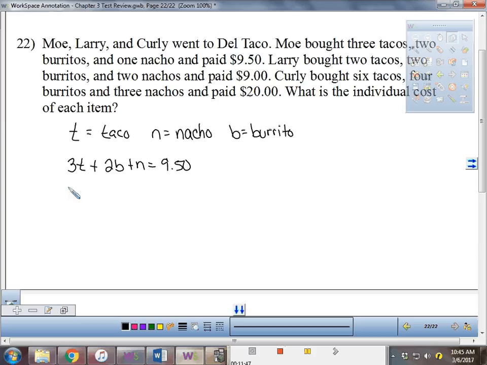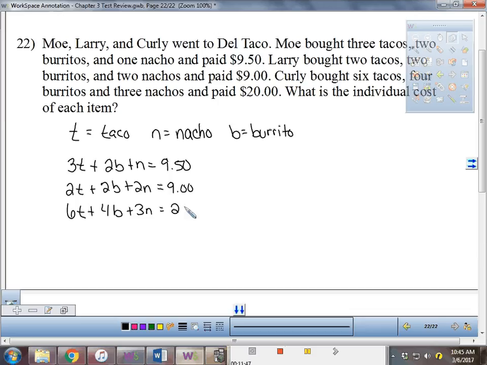Then you got Larry. He bought 2 tacos, 2 burritos, and 2 nachos, and it cost him $9. And then you got Curly, who bought 6 tacos, 4 burritos, and 3 nachos.